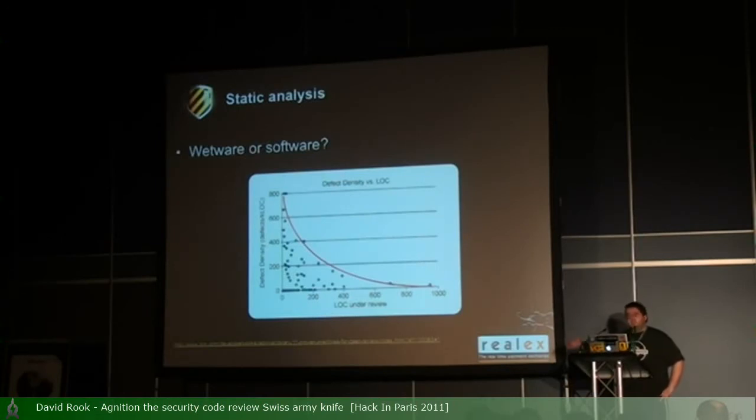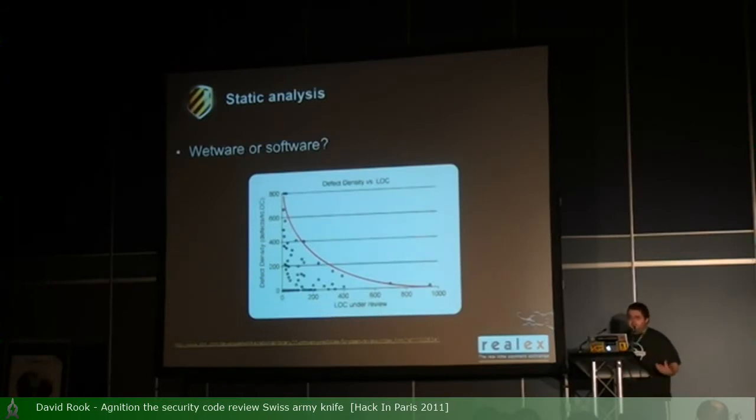So you can see the blue dots on the graph are what is called a defect density, which is normally the amount of bugs found divided by the lines of code. In this case, per 1,000 lines of code. And you can see the more lines of code being reviewed, the less dots. And you can see pretty much once they got past 400, they stopped finding them completely, apart from a couple of exceptions there.